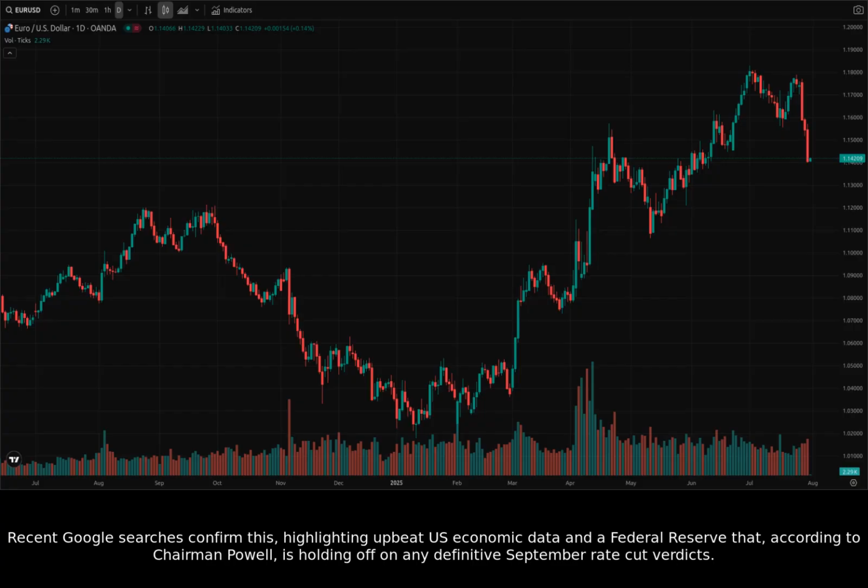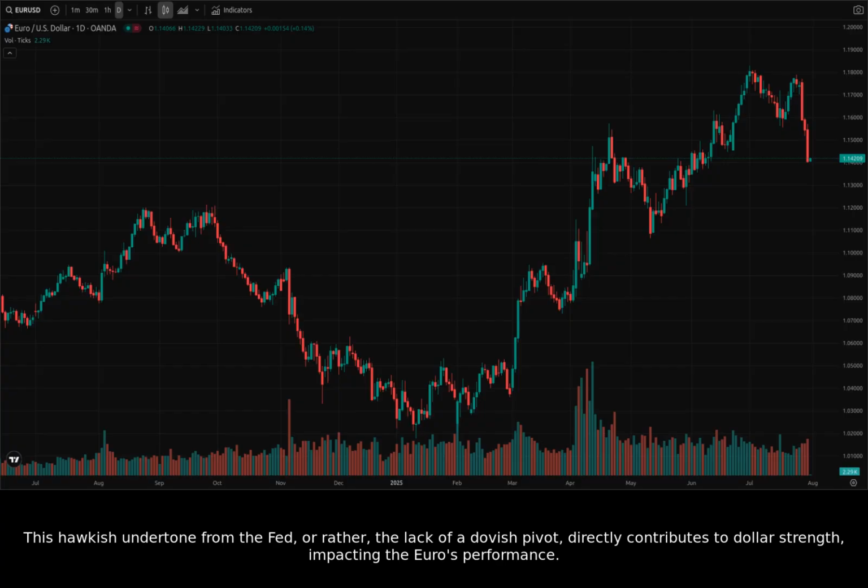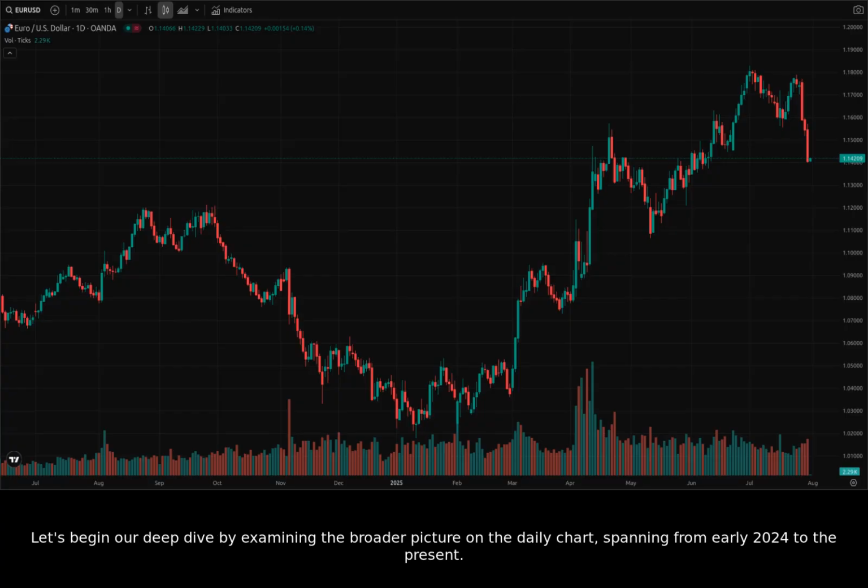Recent Google searches confirm this, highlighting upbeat U.S. economic data and a Federal Reserve that, according to Chairman Powell, is holding off on any definitive September rate cut verdicts. This hawkish undertone from the Fed, or rather, the lack of a dovish pivot, directly contributes to dollar strength, impacting the euro's performance. Let's begin our deep dive by examining the broader picture on the daily chart, spanning from early 2024 to the present.